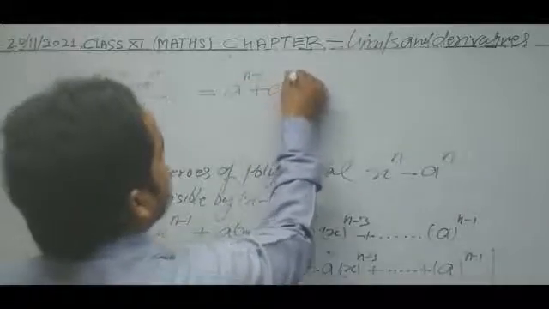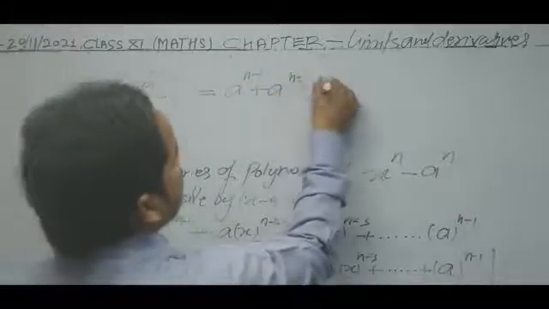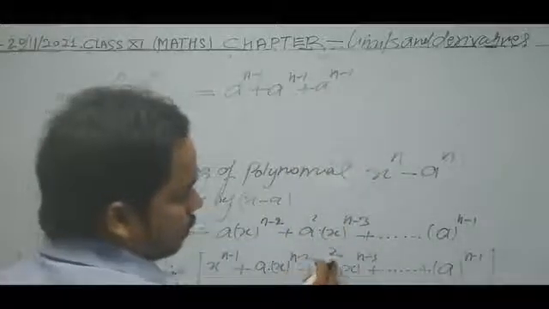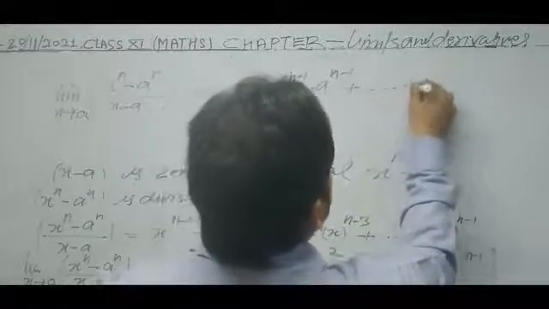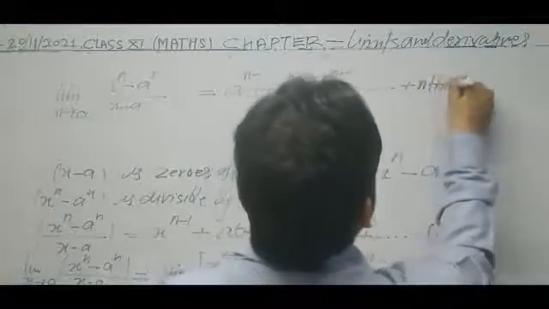X is tending to a, so a to the power n minus 1 plus a to the power n minus 1 plus a to the power n minus 1, and similarly n times a to the power n minus 1.